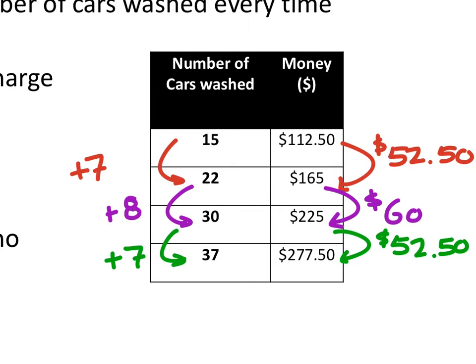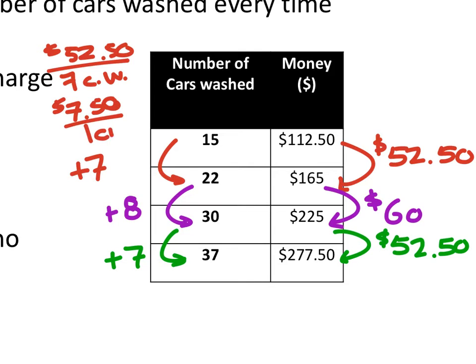So now I'm going to make these rates, the comparison of change in dollars to change in car washes. So the red one shows it was $52.50 for 7 car washes. I'm just going to put CW right there. And it shows that would be $7.50 for 1 car wash.